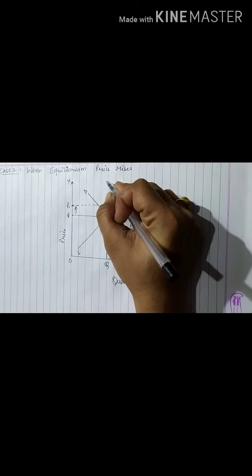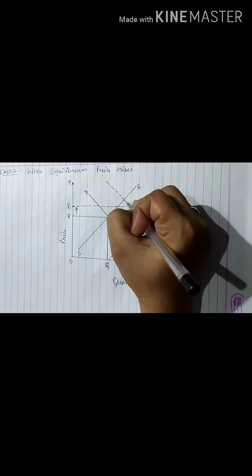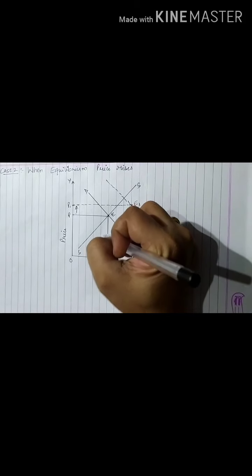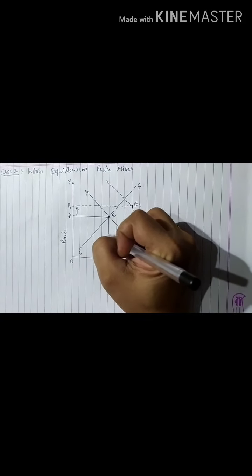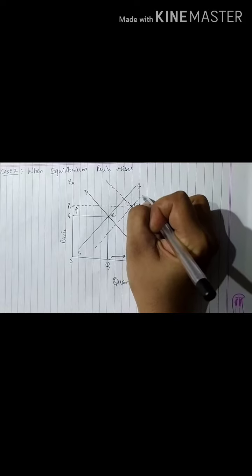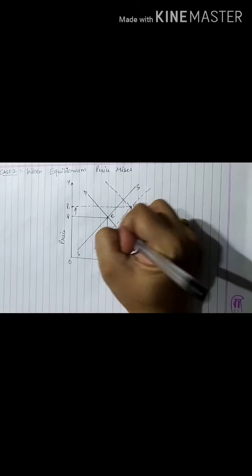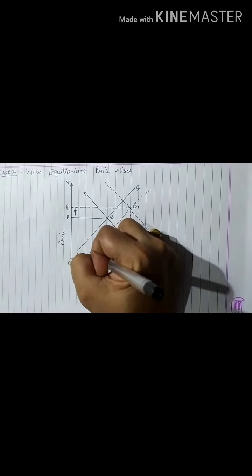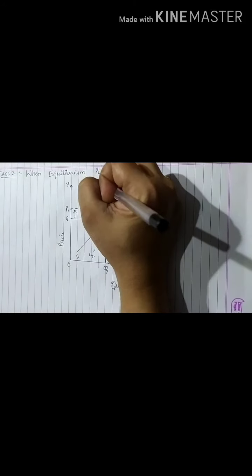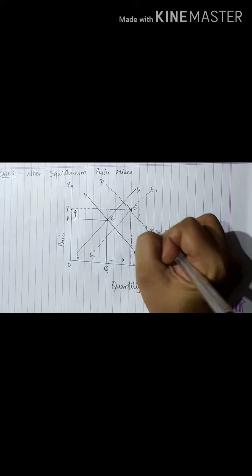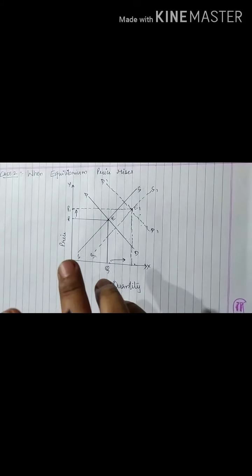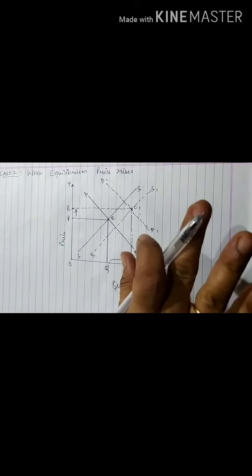See, this is my new demand curve, and this is my new supply curve. So see, demand has increased more compared to supply. That means my demand will increase compared to supply when there is a rise in equilibrium price.